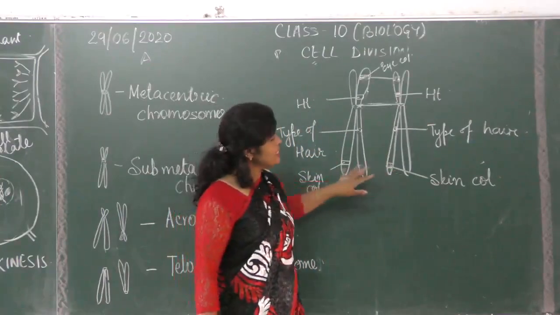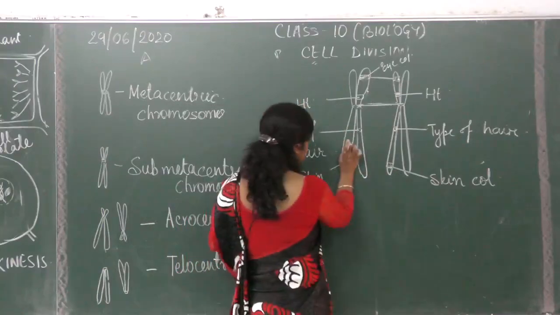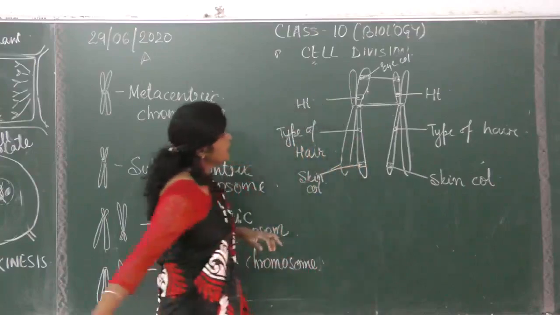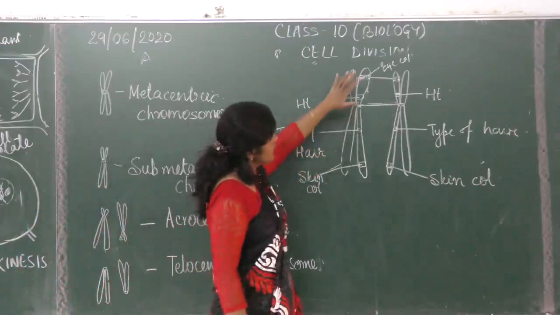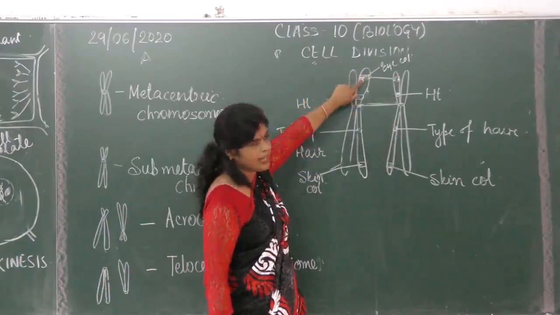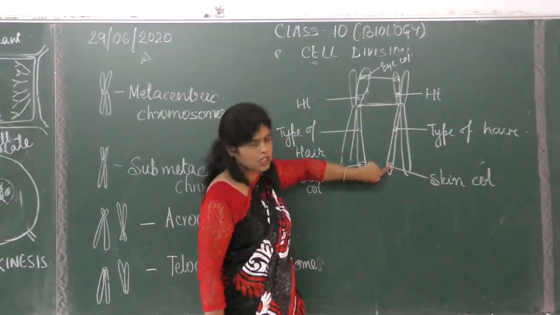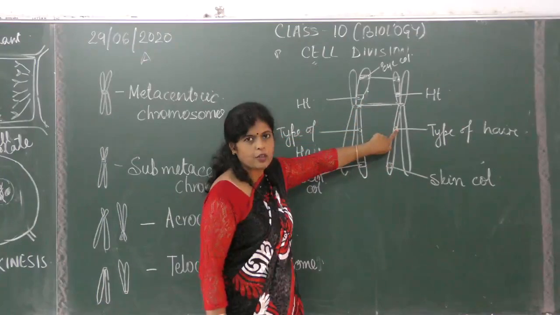One more thing, this is the skin color. If it is for eye color, don't expect the gene for eye color will be located here. Is it clear? If this is height, don't expect the gene for height will be located there.